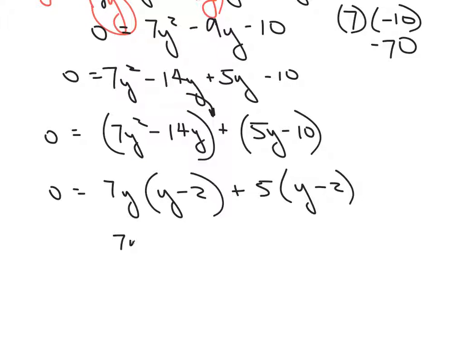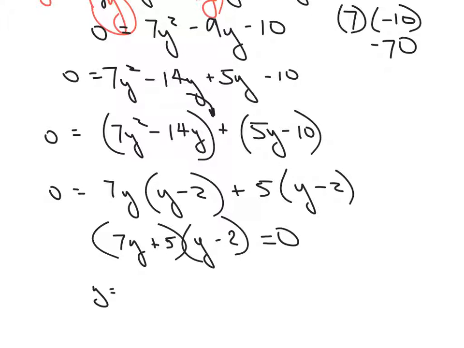Okay, so that gives me 7y plus 5 and y minus 2 equals 0. Therefore, y equals negative 5/7 and y equals 2.